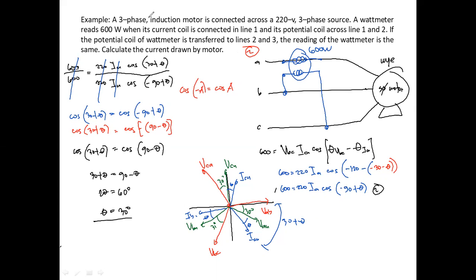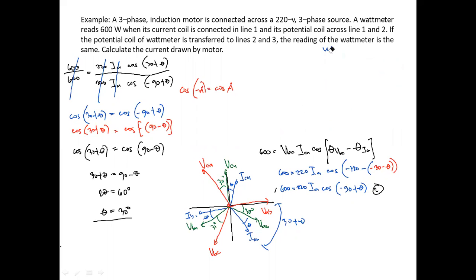Now we can calculate using equation 1: 600 is equal to 220 IA cosine of 30 plus theta, and theta is 30.